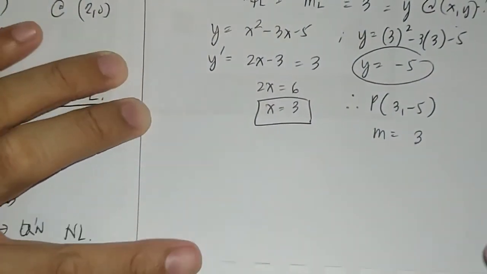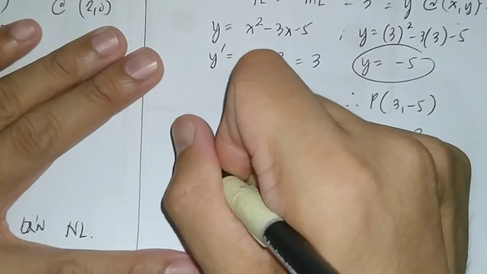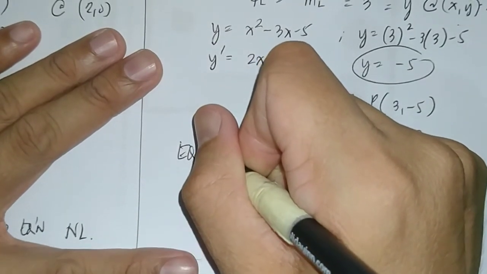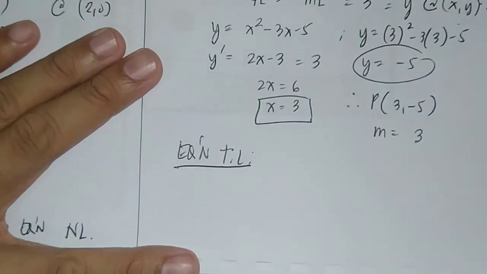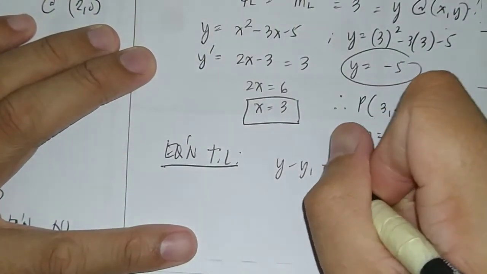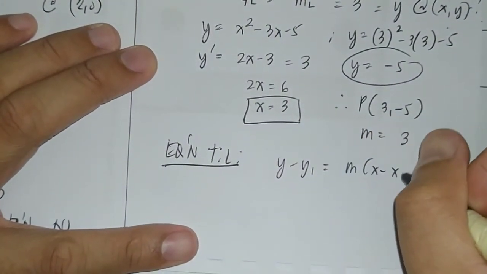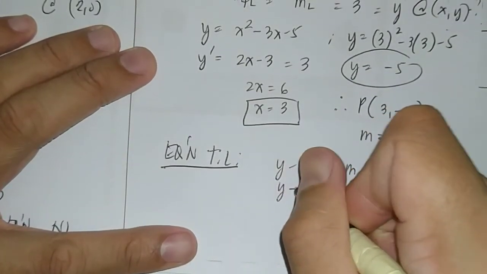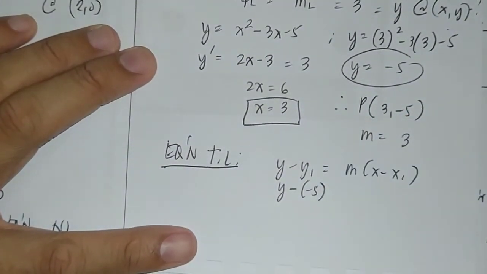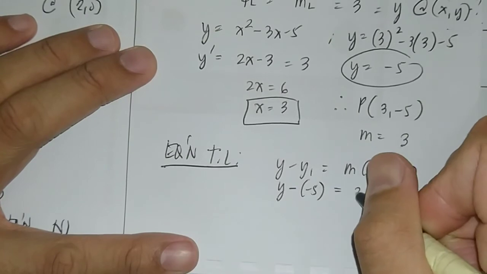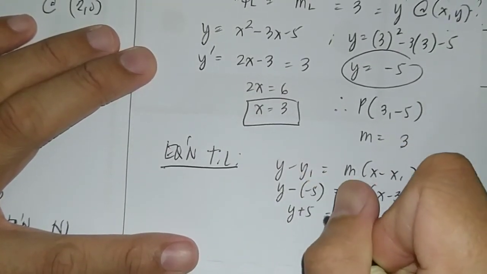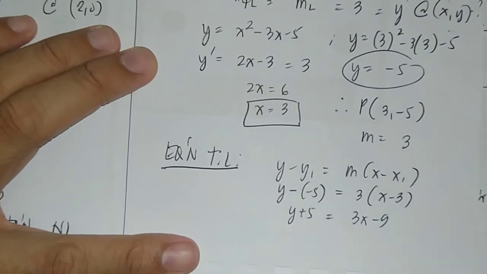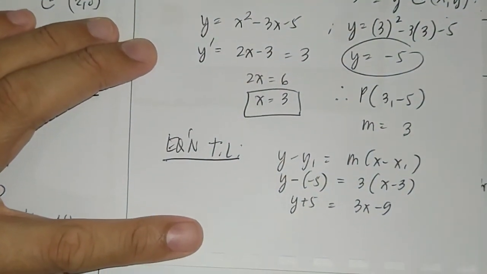So let us again use the point-slope form to get the equation of the tangent line. y minus y sub 1 is equal to m times x minus x sub 1. So y minus negative 5 is equal to m, which is 3, times x minus 3. So this is y plus 5 equals 3x minus 9.